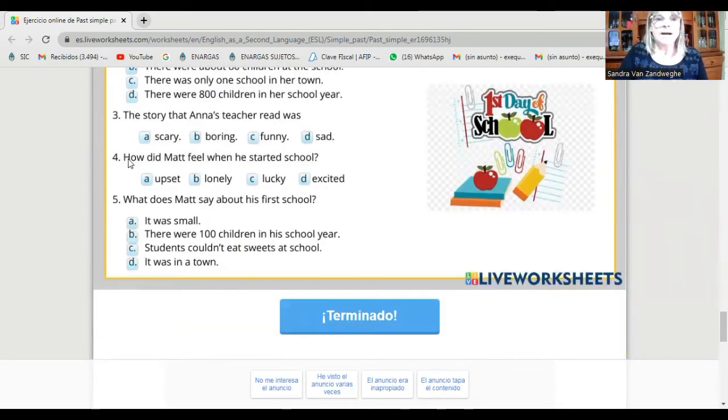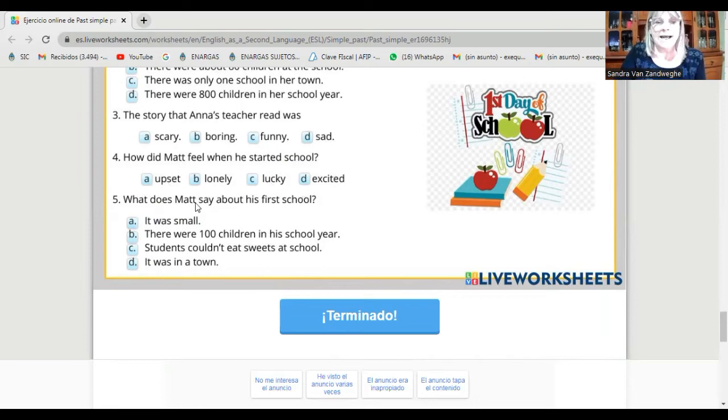Después van a escuchar a Matt. How did Matt feel when he started school? How did he feel? ¿Cómo se sintió? Upset, lonely, muy solo, lucky, afortunado, excited, divertido, upset, es defraudado, como que no le gustó, ¿sí?